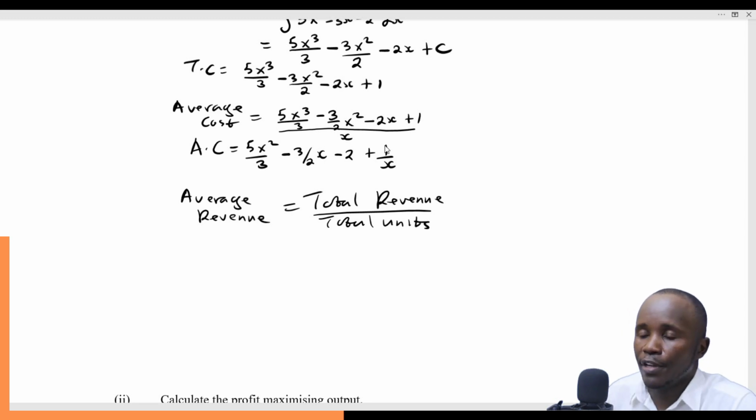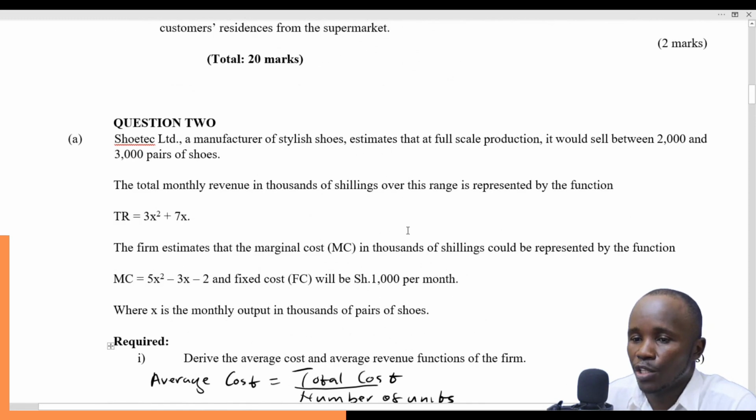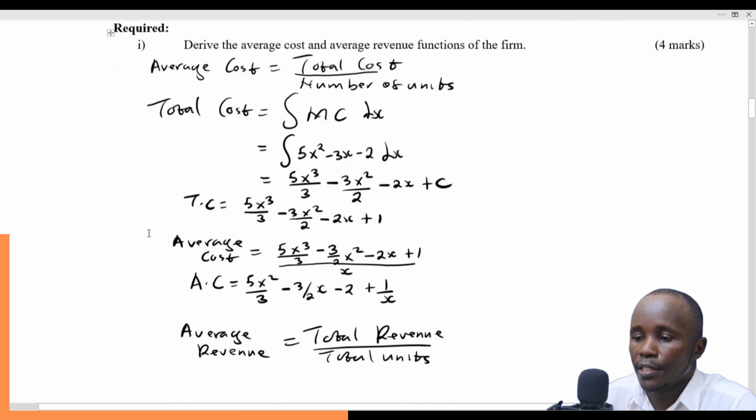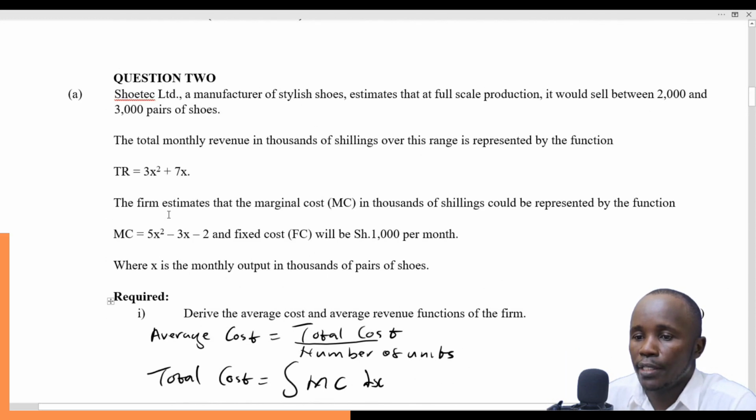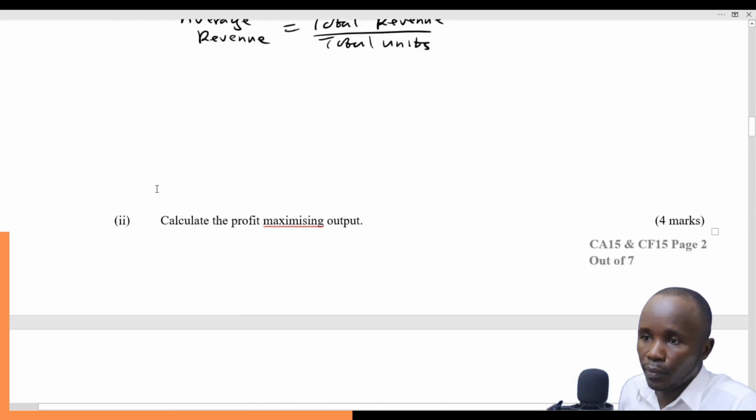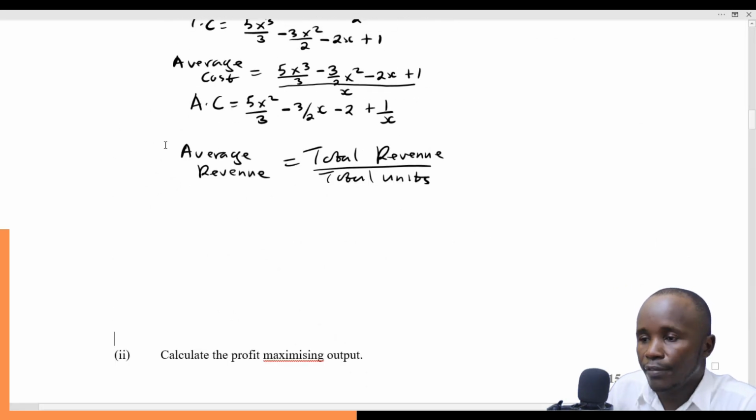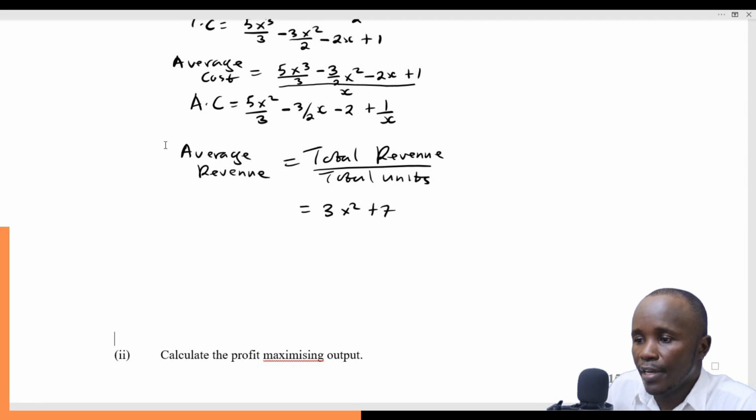So what is the total revenue? You have been given the total revenue function here. That is 3x squared plus 7x. This is 3x squared plus 7x divided by x, and average revenue becomes 3x plus 7.